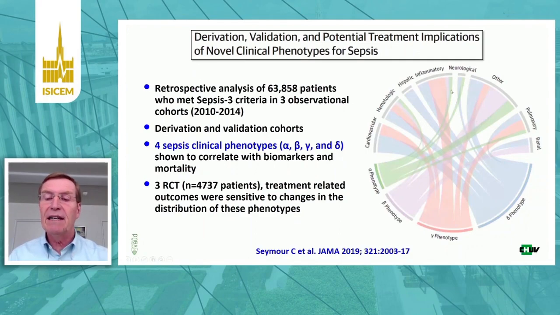And on the right-hand side, you have the chord diagram that showed the relationship between the 4 phenotypes and the clinical characteristics of the patients, with cardiovascular, hematology, hepatic, inflammatory, neurological subtypes expressed on top. And the width of the ribbon between the phenotype and the clinical characteristic shows the degree of association.